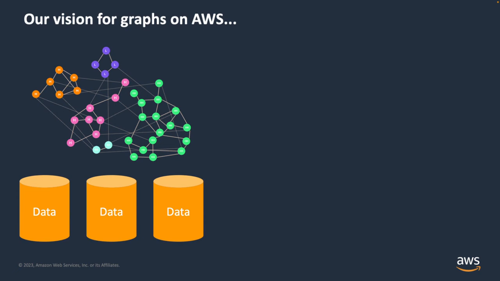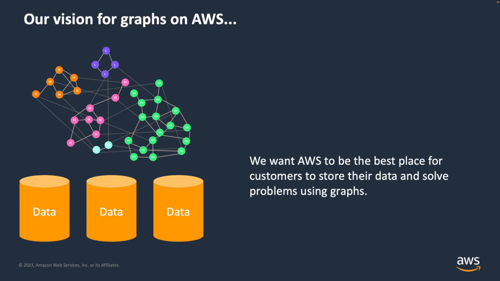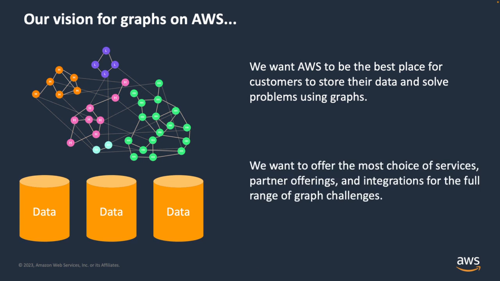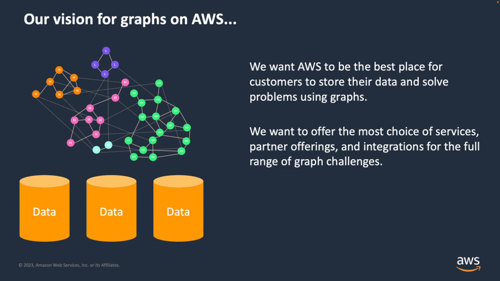So our vision for graphs on AWS is we want AWS to be the best place to store and manage customers' data and to solve challenges using graphs. We want to offer the broadest choice of services, partners, integrations to give people the most options.